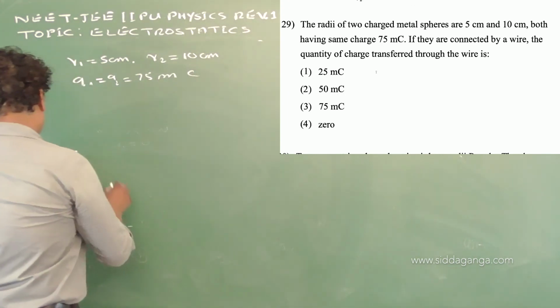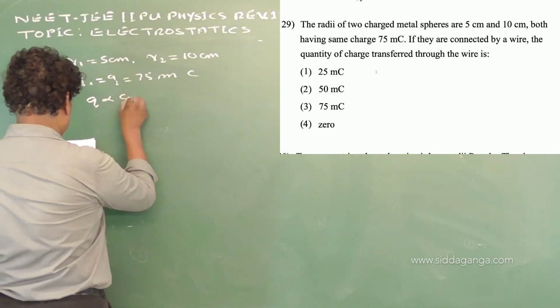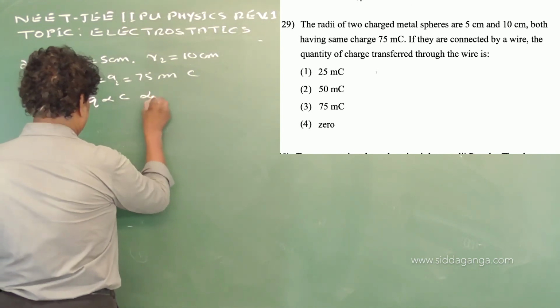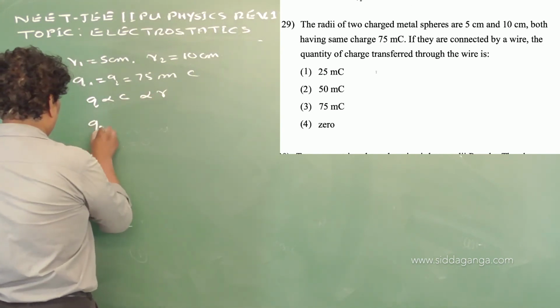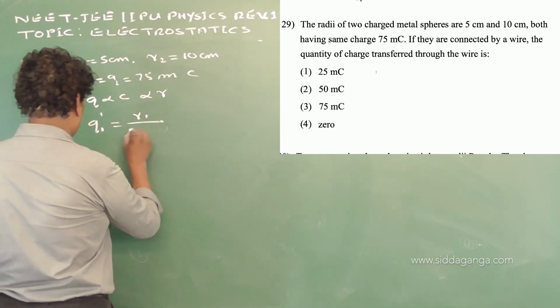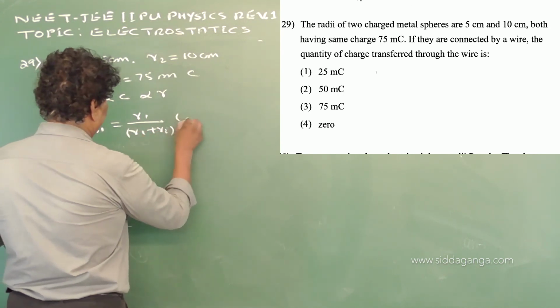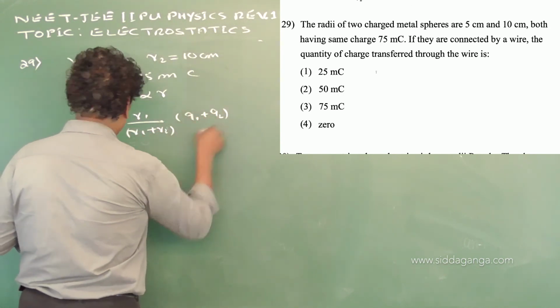Since charge is directly proportional to C and C is directly proportional to R, the charge acquired on each sphere is given by Q1 dash equal to R1 by R1 plus R2 into Q1 plus Q2.